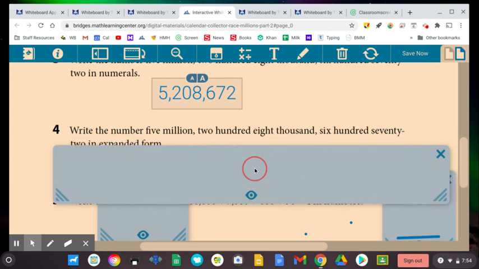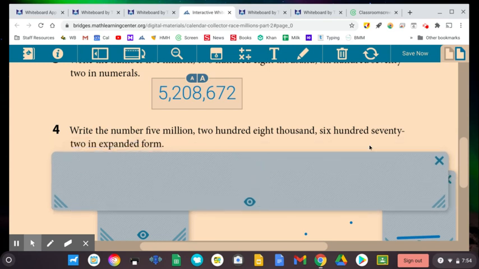Okay, did it take you real long? Were you checking out what you did in the questions above so that you had an idea how to do this? So if we're writing this, it says 5 million, comma, 208,672 in expanded form.